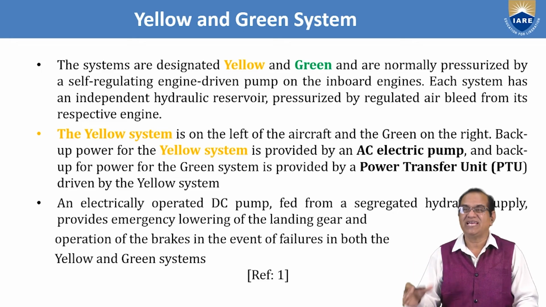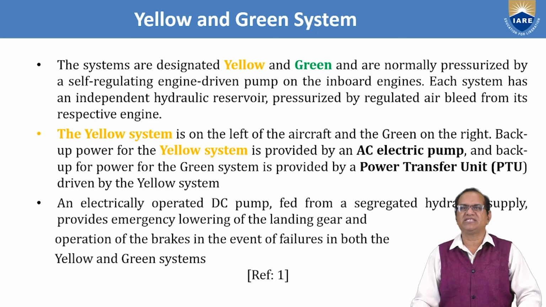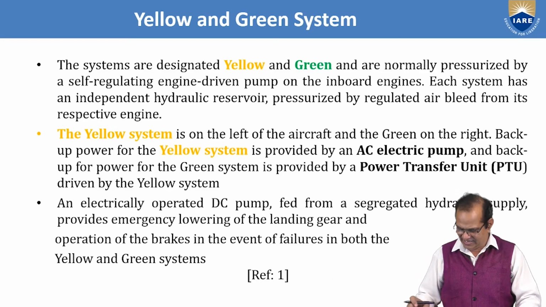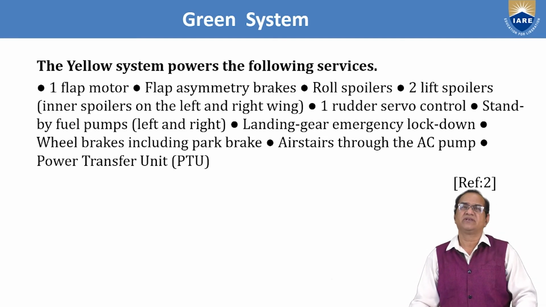An electrically operated DC pump fed from a segregated hydraulic supply provides emergency lowering of the landing gear and operation of the brakes in the event of failure in both the yellow and the green systems.